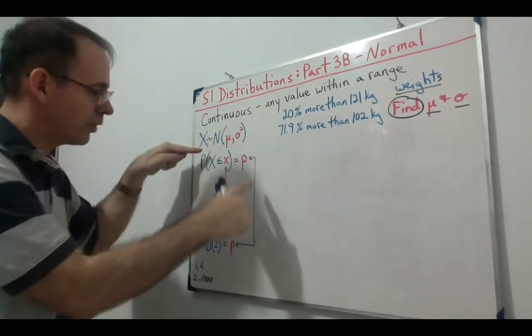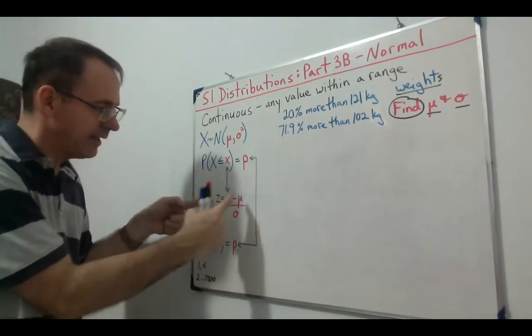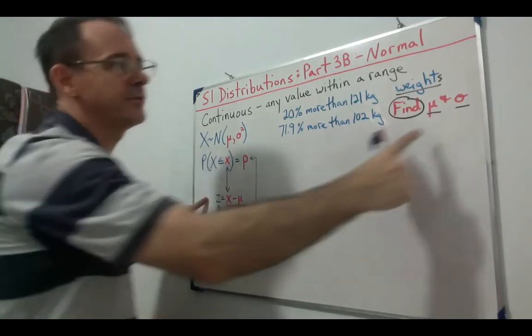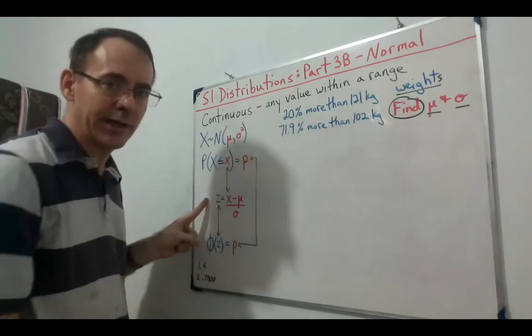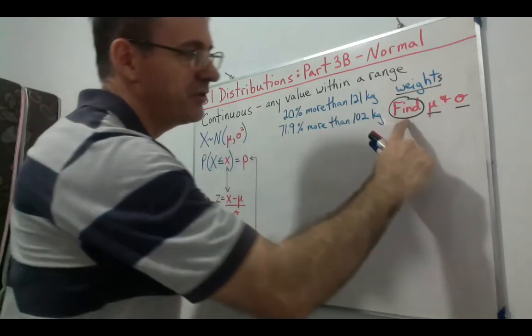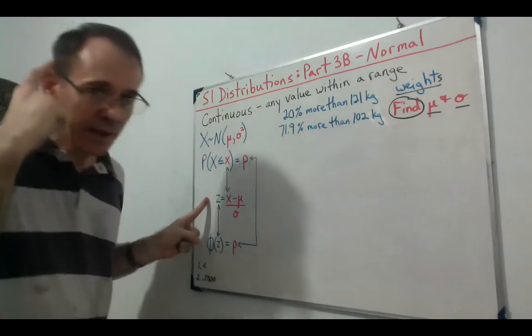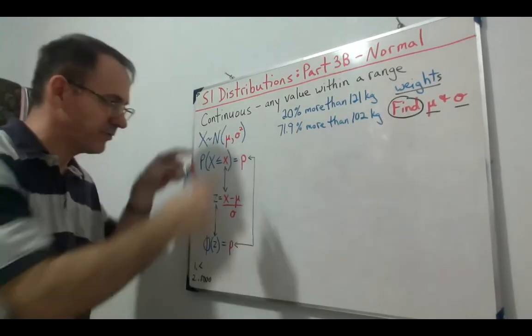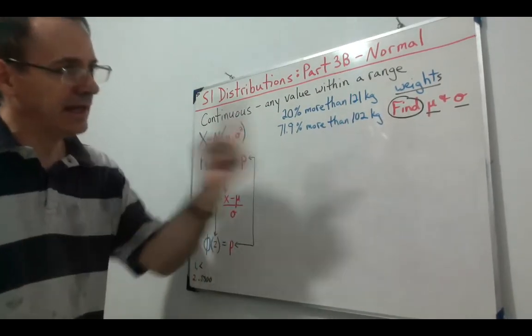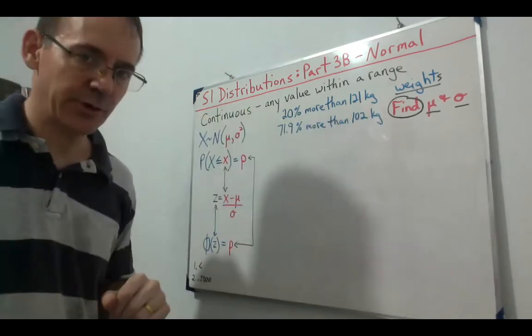And because there are two variables, we need two equations. So as soon as you see find mu and sigma, you should know where they're at on the map. So we have to work towards the middle.